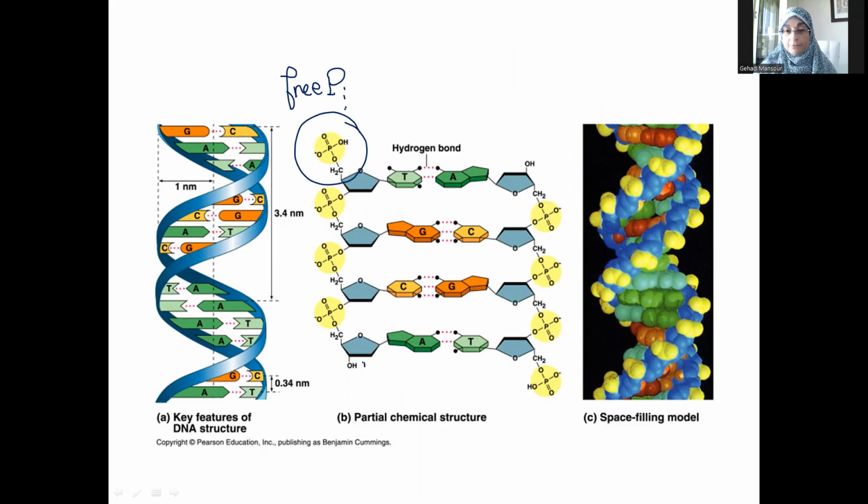And here we have at the other end a free hydroxyl group, meaning that it is not linked to anything below. So the end that has a free phosphate group will be called the 5' end, and the end that has the free hydroxyl group will be called the 3' end.